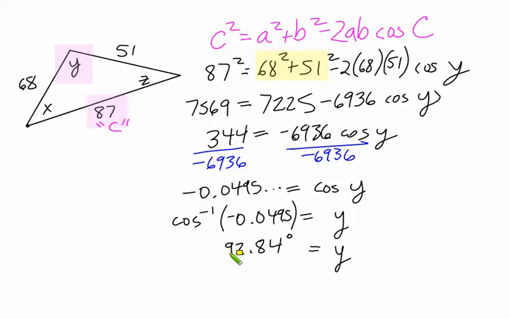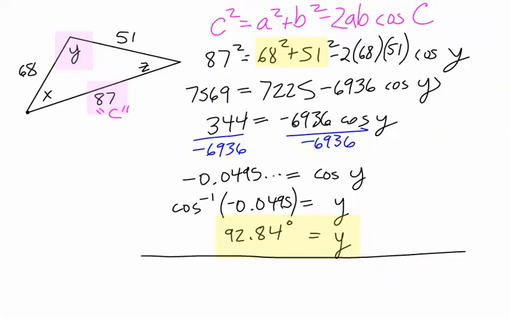Remember, the law of cosines always gives you the actual answer. You never have to wonder, is it going to be an obtuse or an acute angle? It's always legitimately correct.